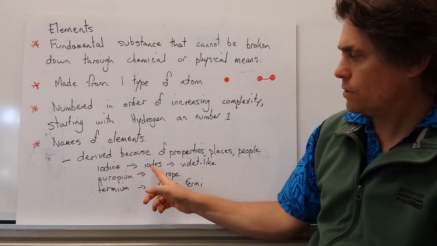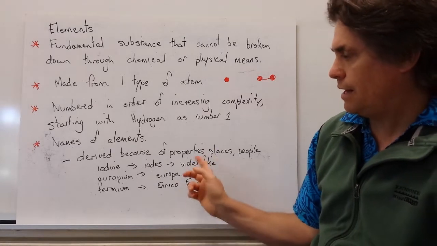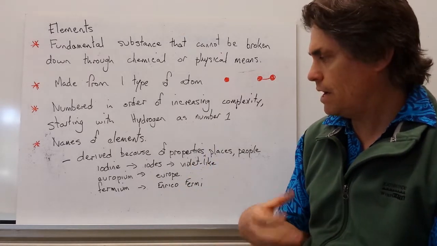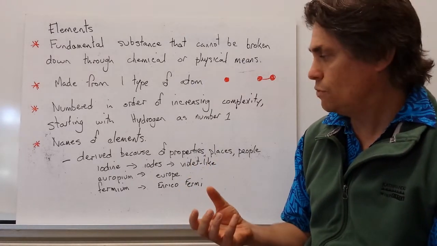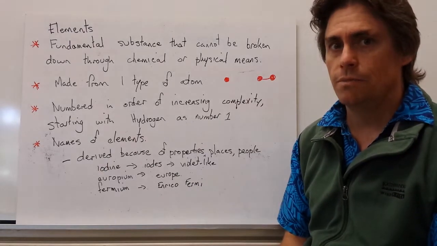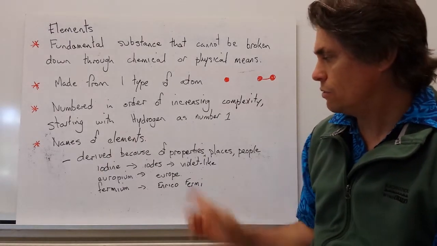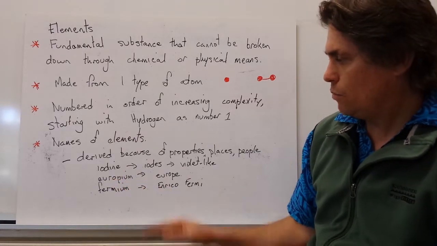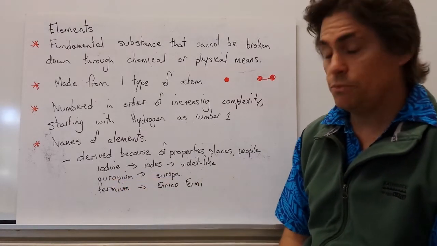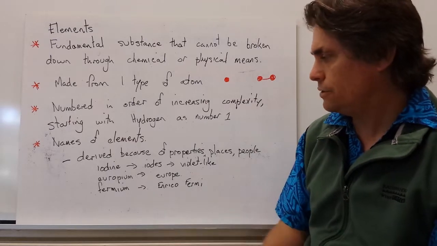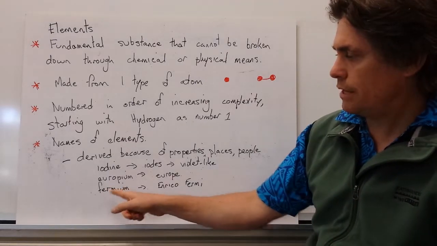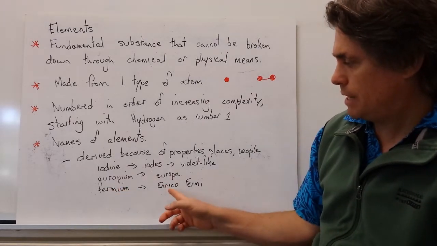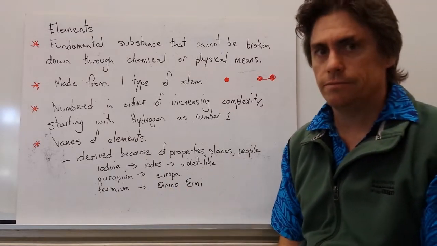Iodine comes from the Greek word iodes, which means violet-like. Iodine in its solid form or in its gaseous form has a purplish colour to it, or a violet colour. We can also get europium, which comes from Europe, the place Europe. And we can also get fermium, which is named after Enrico Fermi.